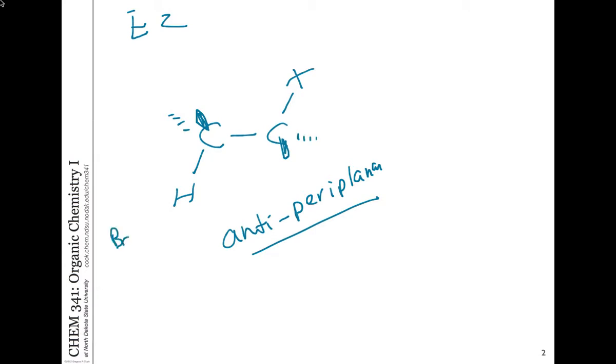So your base comes along and takes it off like that. If you want to do elimination with E2, you have to have the right alignment for the hydrogen. That's really important when you have rigid molecules like cyclohexanes, right?